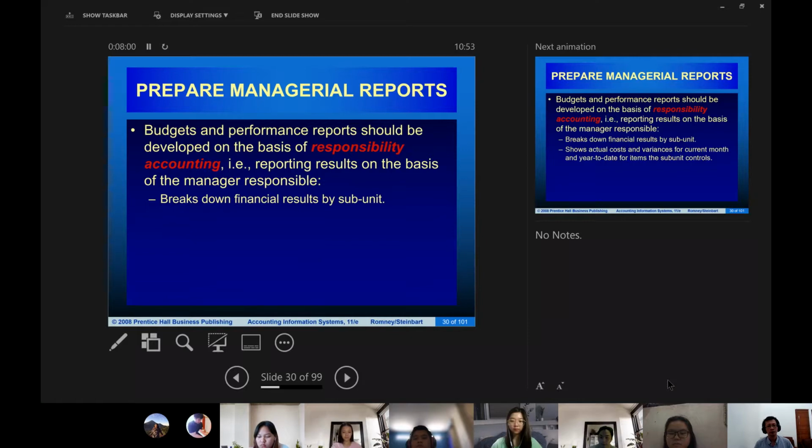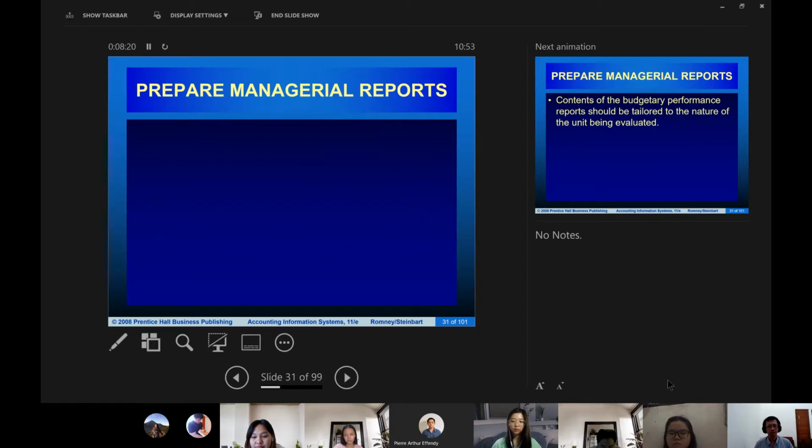Now the budget is the tool for something called responsibility accounting. It means each unit will be responsible for its own budget, headed by a manager, and that manager will be responsible for the performance.